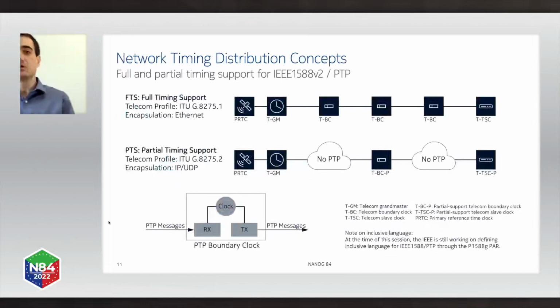So let's take a look at the basic network timing distribution concepts. Before I talk about this, I need to make a disclaimer here, which is the IEEE is still working on specifying an inclusive nomenclature for IEEE 1588. There's a PAR going on called the P1588G.